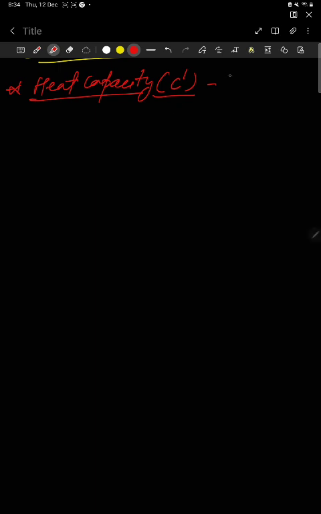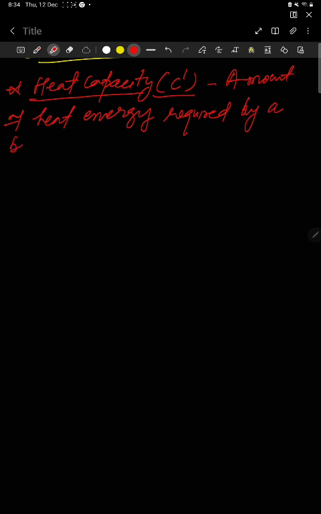Heat capacity is defined as the amount of heat energy required by a body to raise its temperature by 1 degree Celsius or 1 Kelvin.